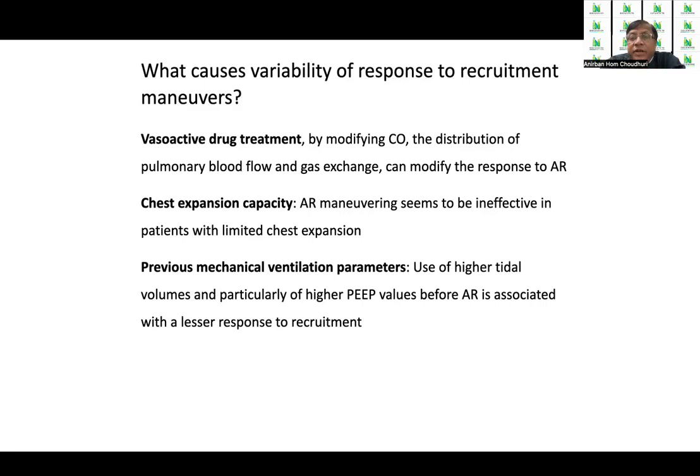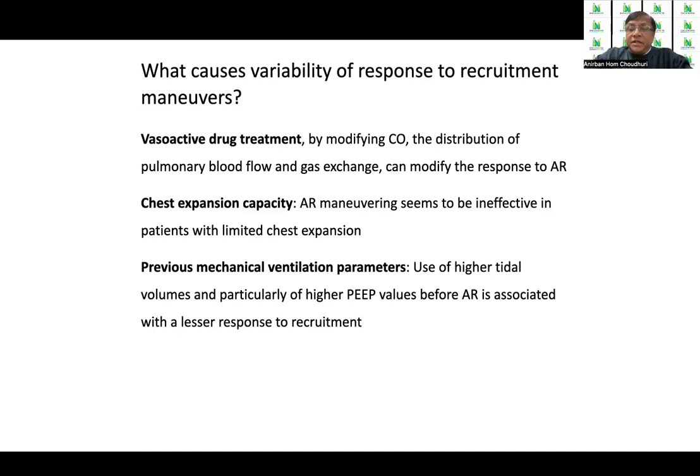It is very important to realize that whenever there is PEEP, when a patient is mechanically ventilated, there is a fall in the cardiac output because of impediment in the venous return. So these patients will maintain it at the cost of an increase in the systemic vascular resistance.